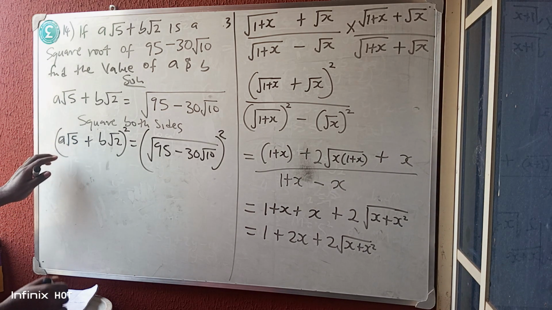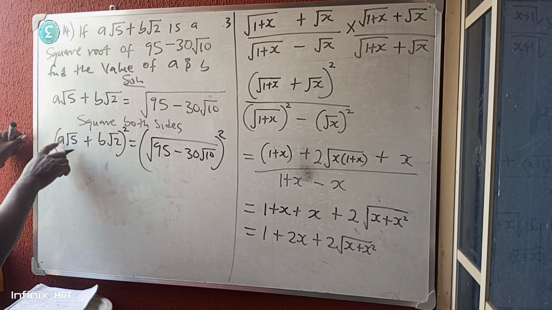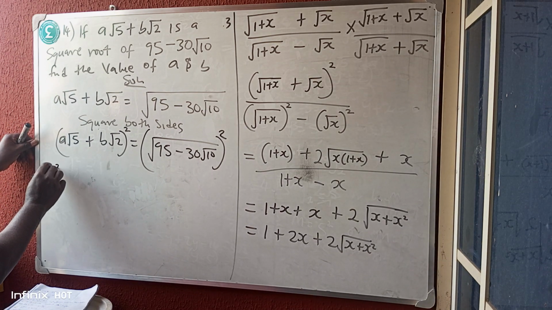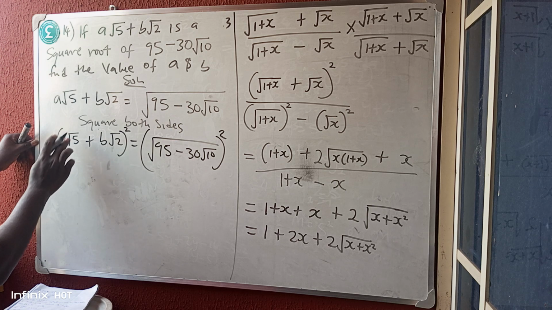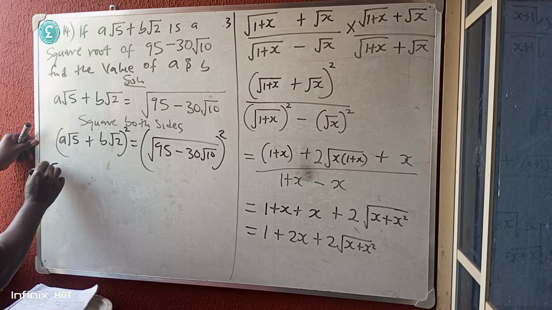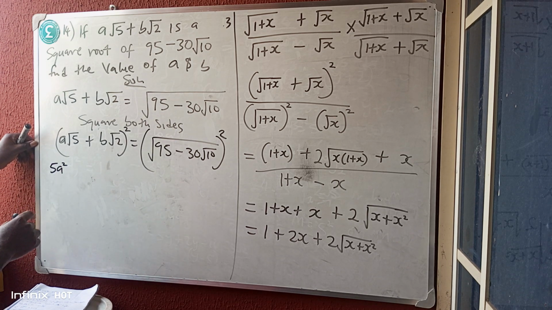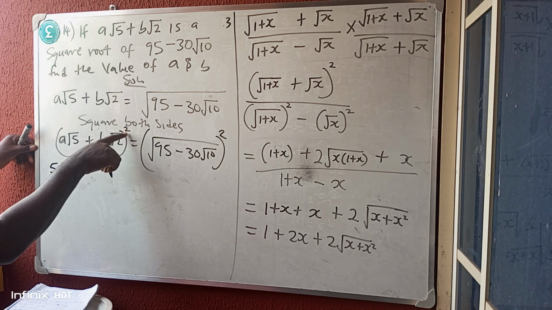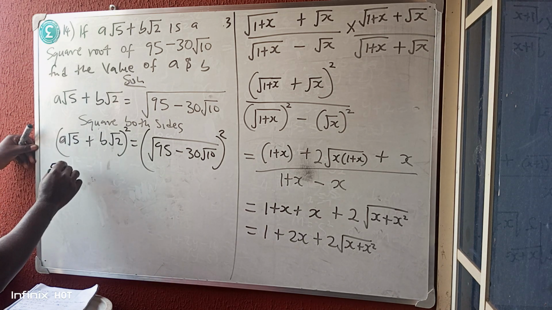Now, what we're going to do here is square the first one. Square the first one will give me 5a squared. I hope you understand. Square of this one will give me 5, square of this one will give me a squared.